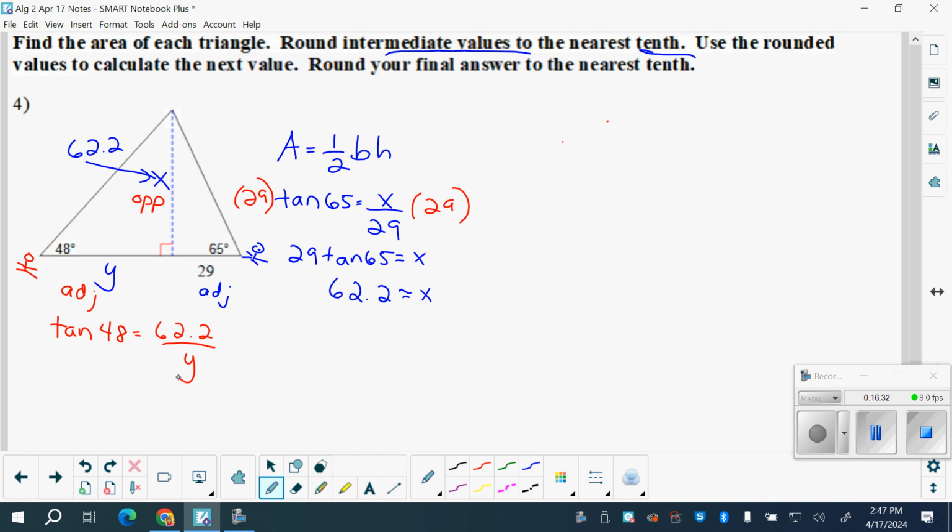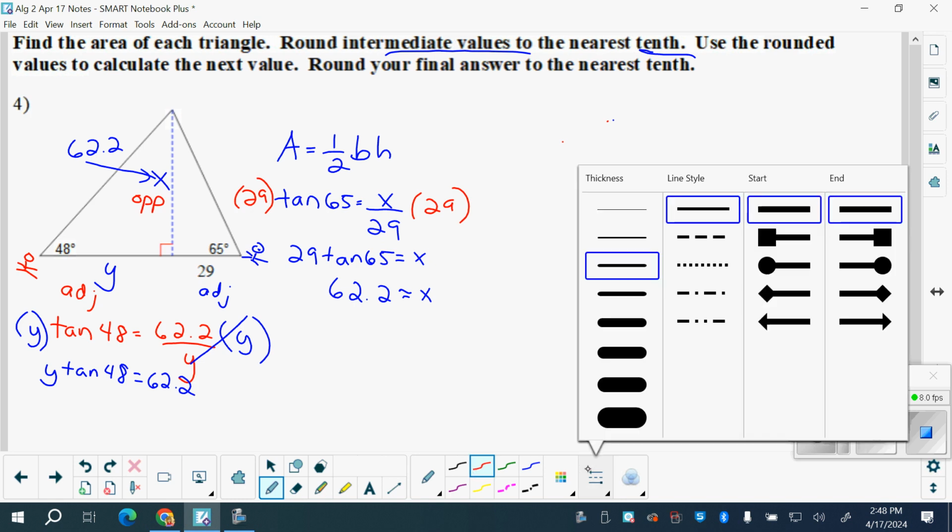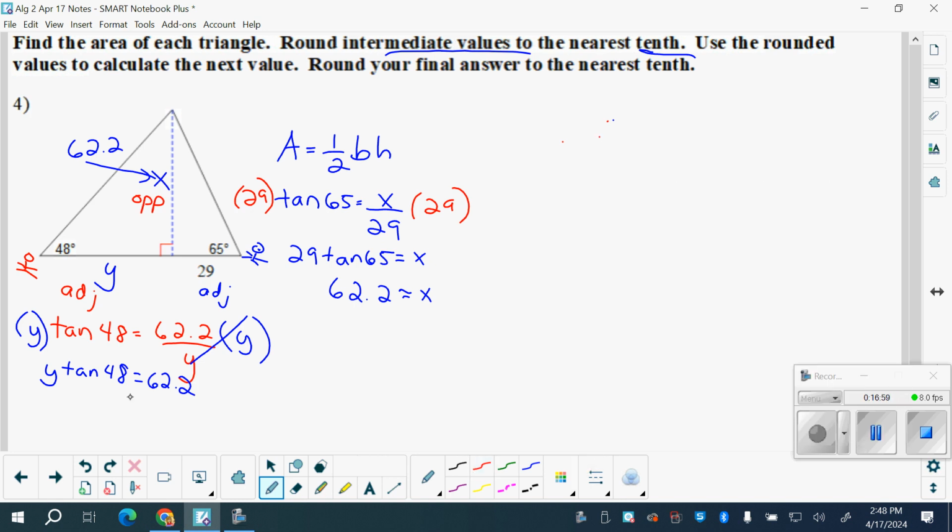So what would we need to do next to solve for y? Multiply by y. And then we get y times the tangent of 48 equals 62.2. And then what's our last step? Yep. Divide by tangent 48.